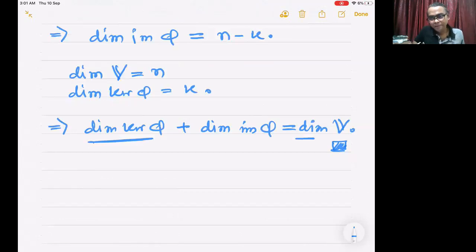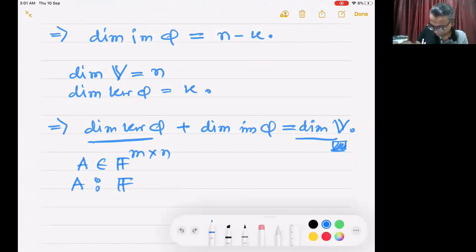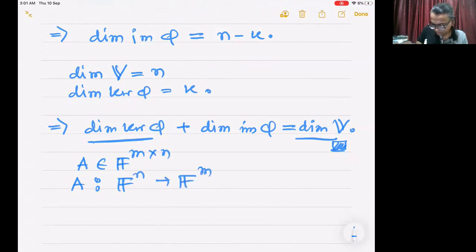This is n. So if A is a matrix in F m cross n, then A is, by multiplication from the right by column vectors, a map from F n to F m. So the kernel lies here.